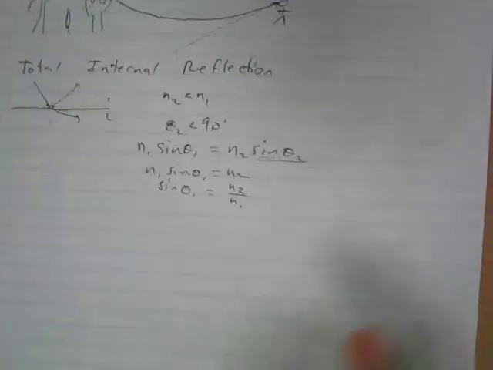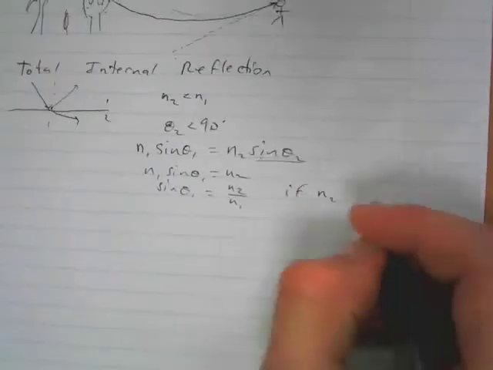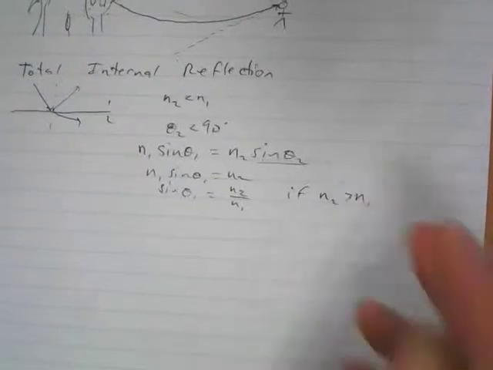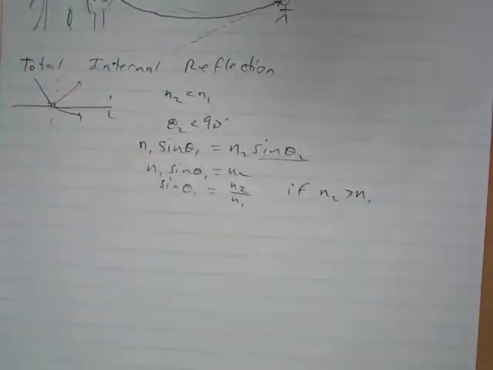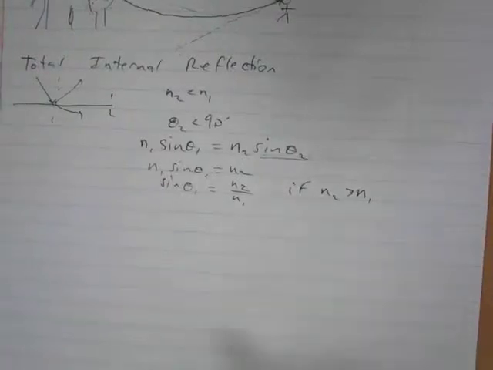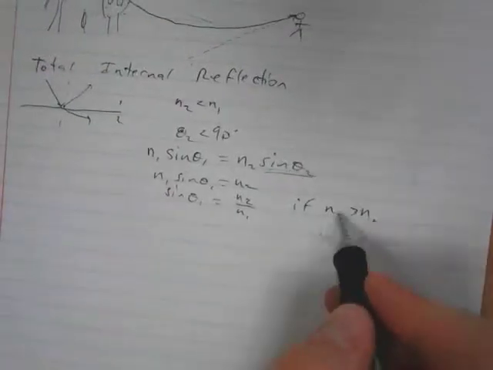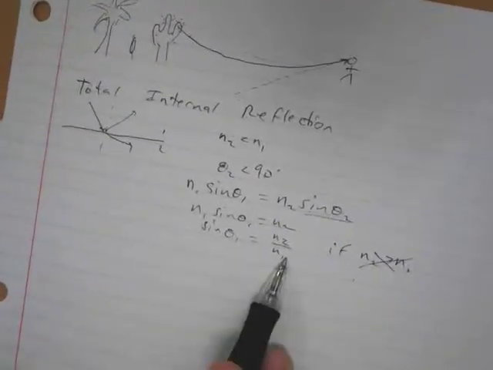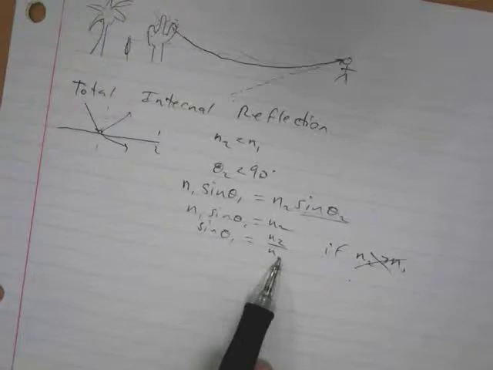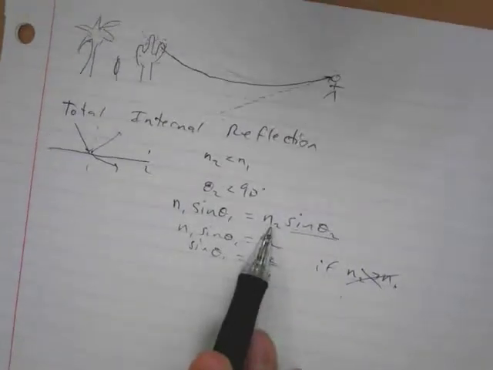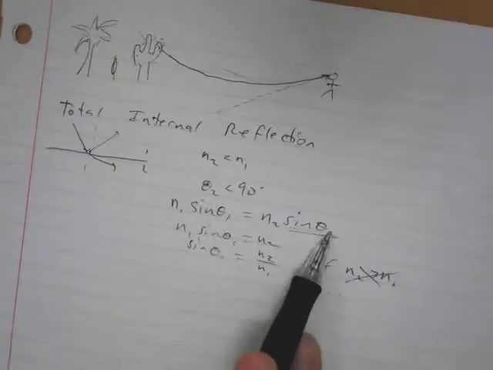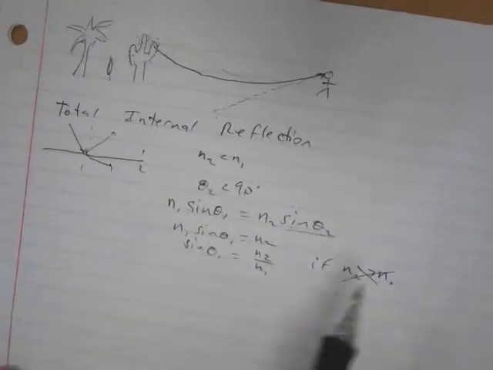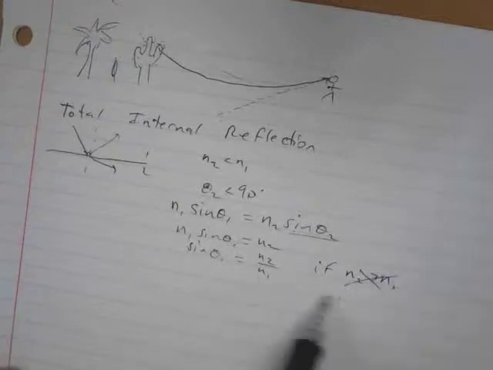But if n2 is greater than n1, then this doesn't work, right? In the case of theta 2 approaching the limit of 90 degrees, n1 must be greater than n2, okay?